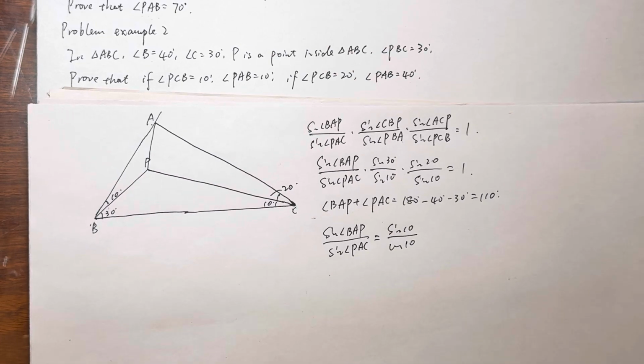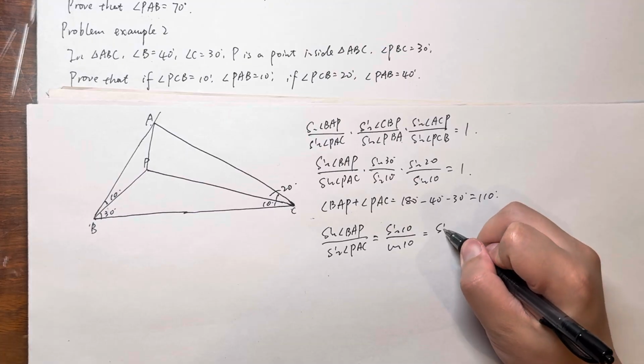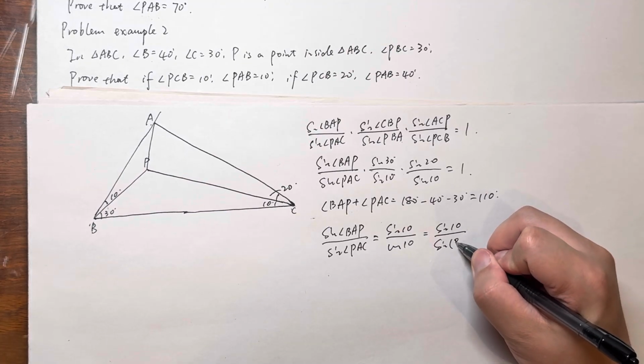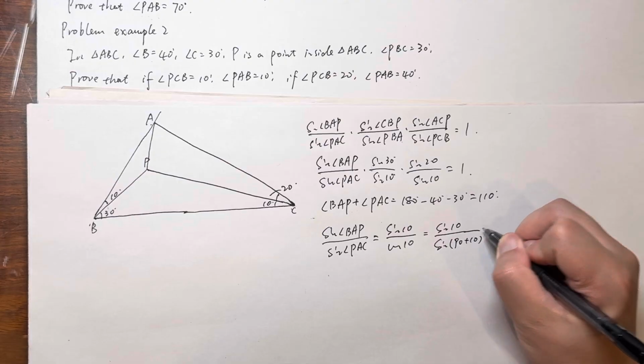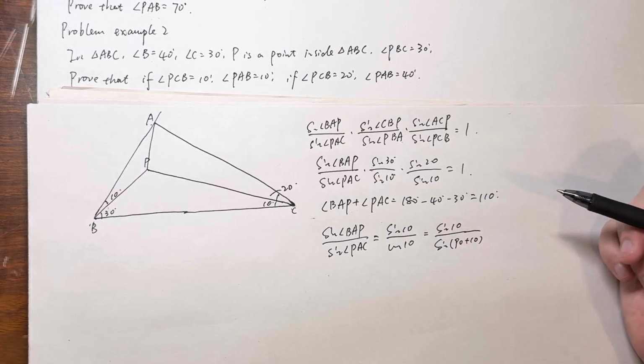So think about cosine 10. Cosine 10 can be rewritten as sine 90 plus 10, right? 90 plus or minus 10.